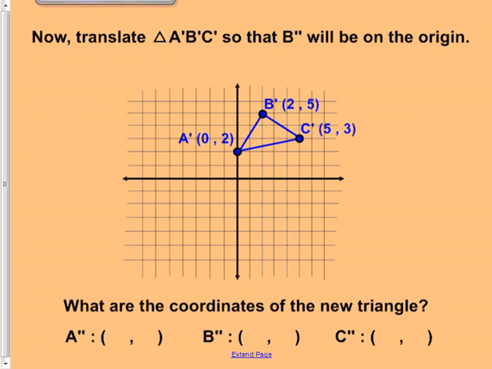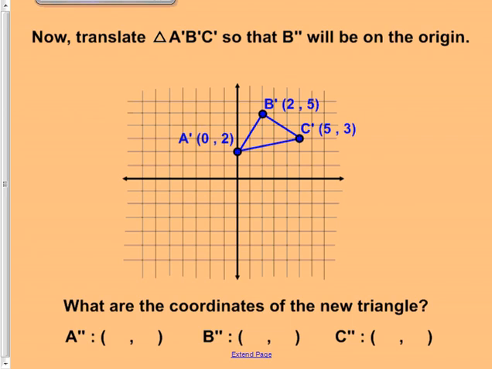Now we're going to take triangle A prime, B prime, C prime, and our instructions are to translate it so that B double prime will be on the origin. This is usually the way translations go on a graph. Very seldom do they let us just move a figure sideways or vertically. They usually make us move it on some kind of a diagonal.